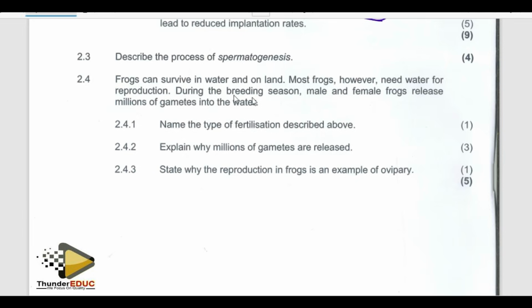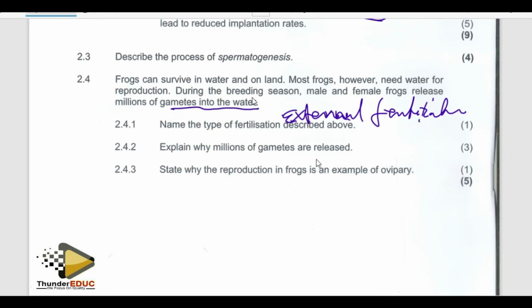Fertilization, look, where is it taking place? Millions of sperms are released, the gametes into water, meaning that it's not inside the female. So the answer is going to be external fertilization. Yes, external fertilization. Explain why millions of sperms are released.